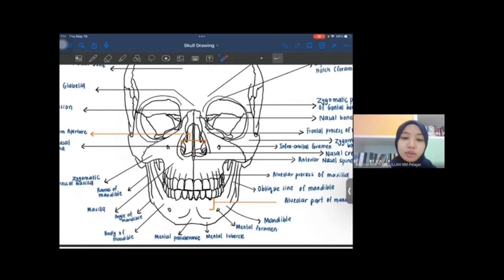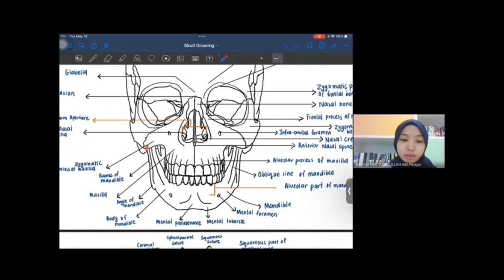Okay. So this whole body is what we call the body of maxilla, and this whole body we call the body of mandible.